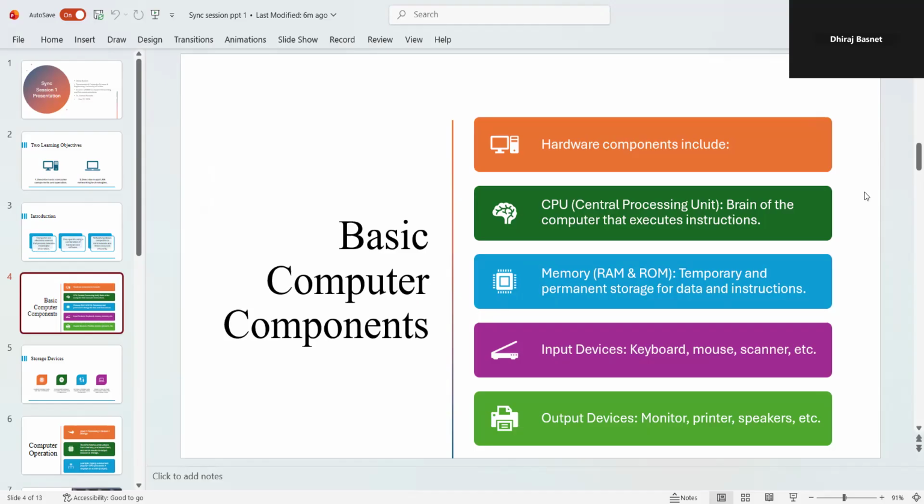Input devices include keyboard, mouse, scanner, and microphone, which allow users to provide data to the computer. Output devices like monitor, printer, and speakers display or produce the results of computer processing. All these components work together to ensure smooth and efficient computer operation.